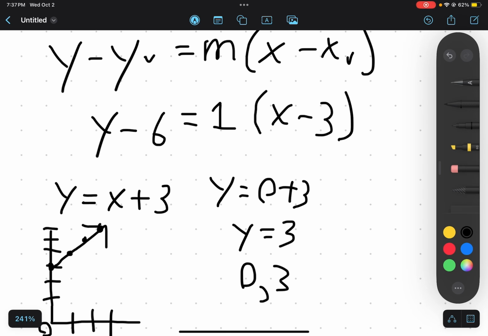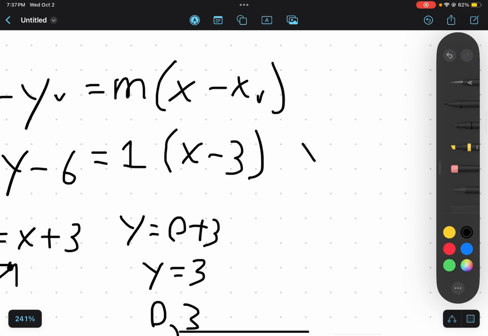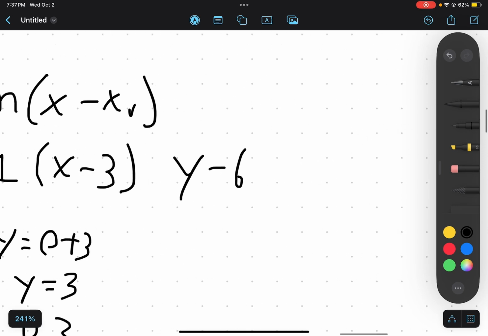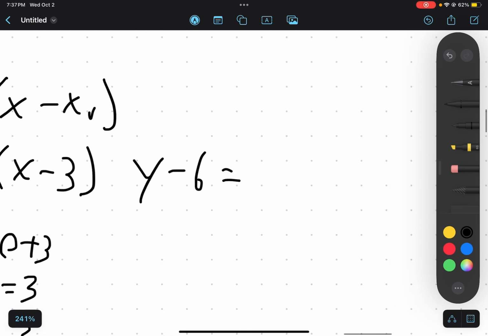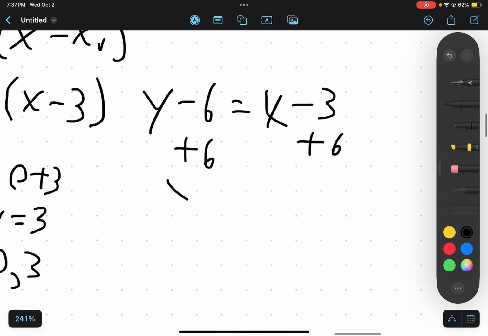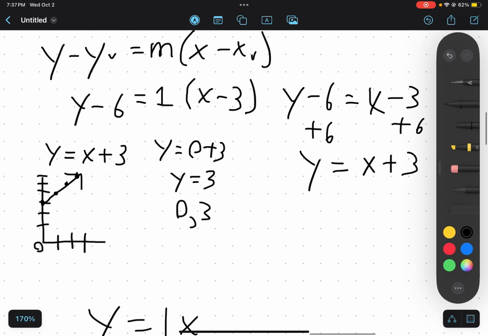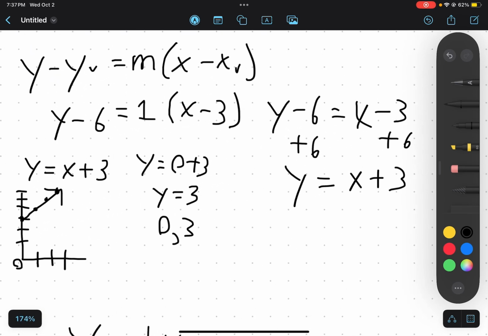Now this is equal to y equals x plus 3 if you solve it out. Y minus 6 equals x minus 3, where you can just add both sides by 6. Then you would also get y equals x plus 3, interchangeable with the slope-intercept form.